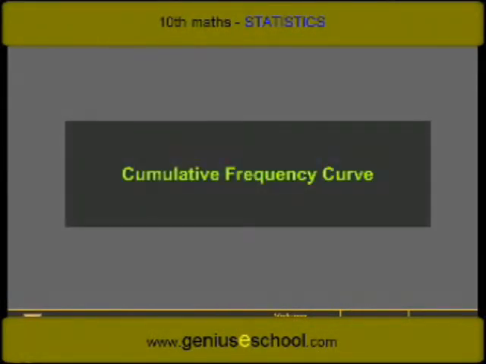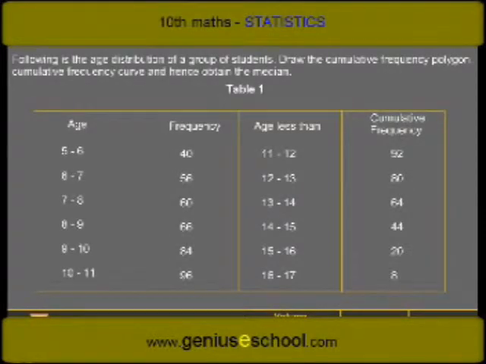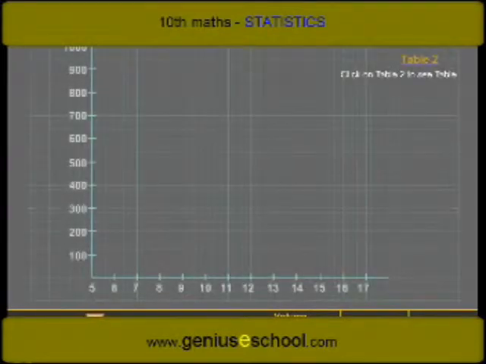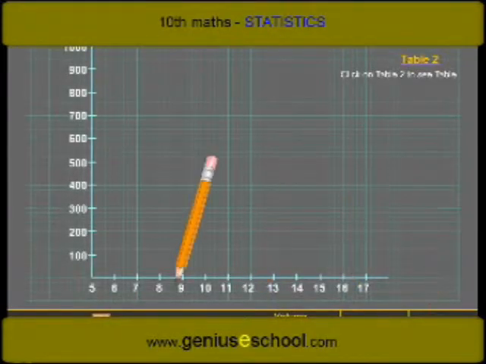Cumulative frequency curve. Following is the age distribution of a group of students. Draw the cumulative frequency polygon, cumulative frequency curve, and hence obtain the median for table 1. We first prepare the cumulative frequency table by less than method as given in table 2.